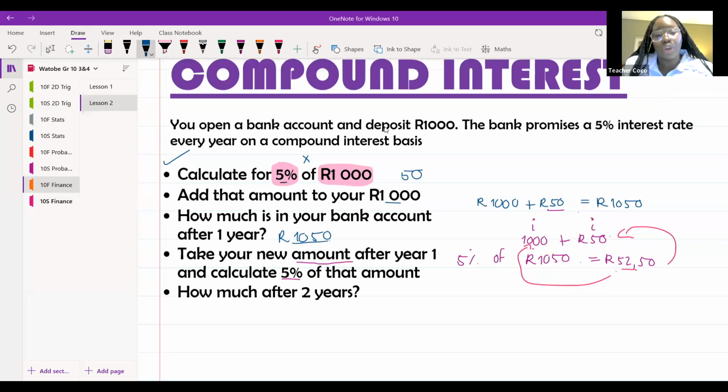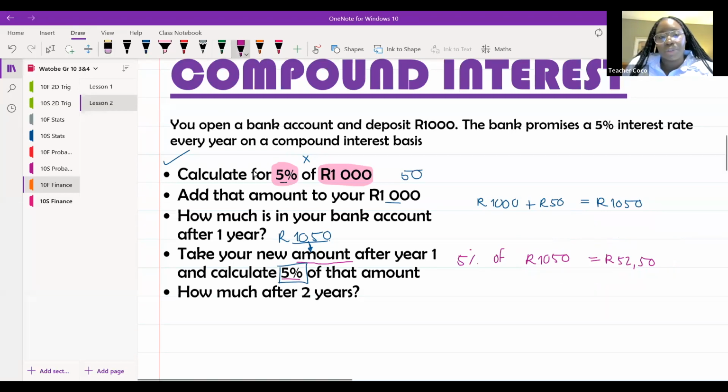Now I'm saying, take this new amount, take this 1,050 and find me 5% of that new amount. How much do we get? 52.5. Correct, 52.5. And that's why ma'am's written 52 Rand 50 over here. You see that?